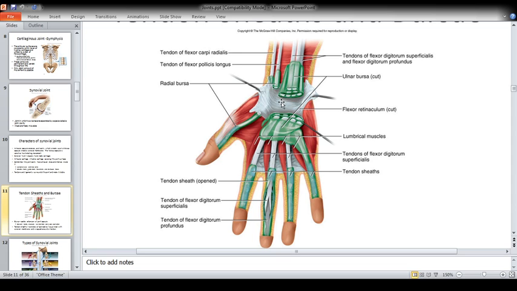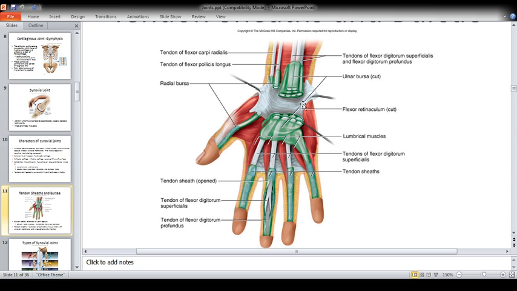Now this joint is extending its sac-like cavity upon these structures, so that these structures, these ligaments, while moving, can slip past each other. They do not rub against each other. That is why the bursas are present.